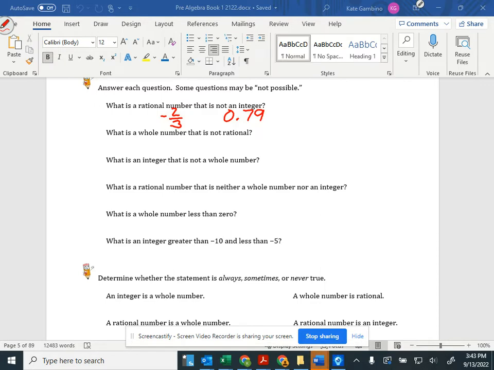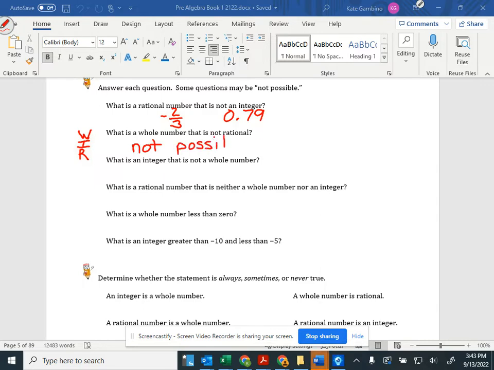If we look at the next one, it says, what is a whole number that is not rational? Well, remember when we were marking it down, whole numbers are automatically integers and rational. So can there be a whole number that is not rational? That is not possible.